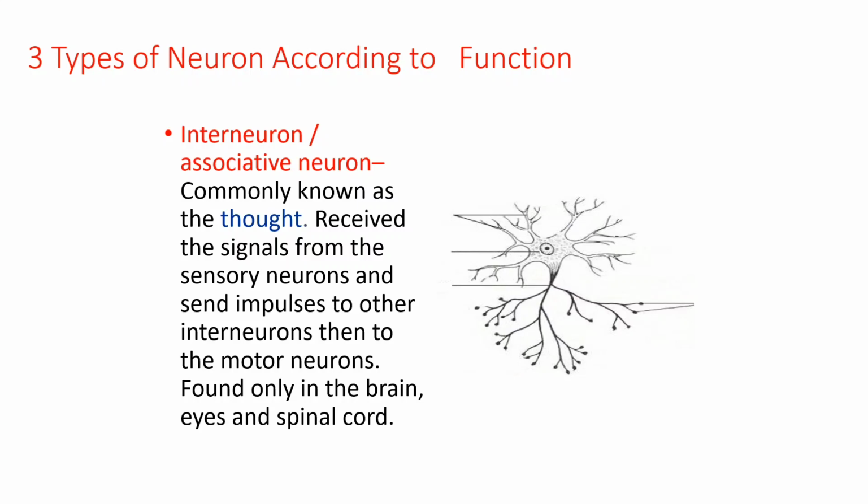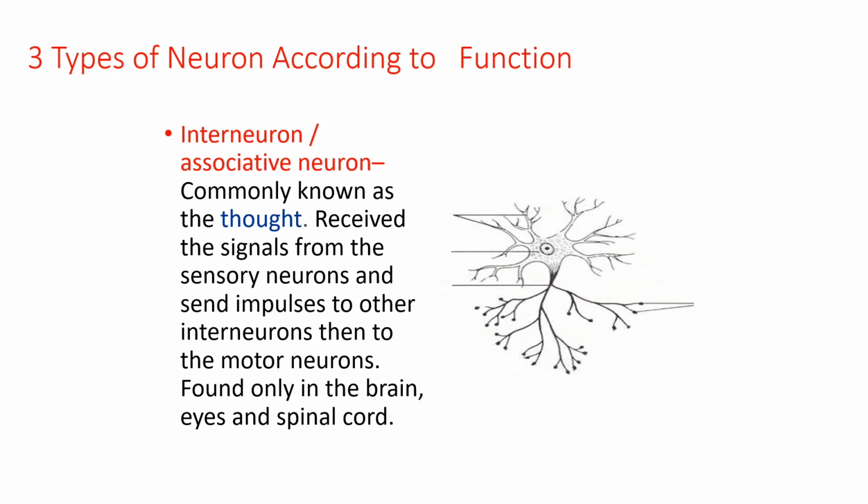Now, you may ask, if the interneuron is known as the thought, why is it that some of them are also located in the eyes and spinal cord? It is because meron kasing mga spinal cord is also responsible for reflexes or automatic behavior.